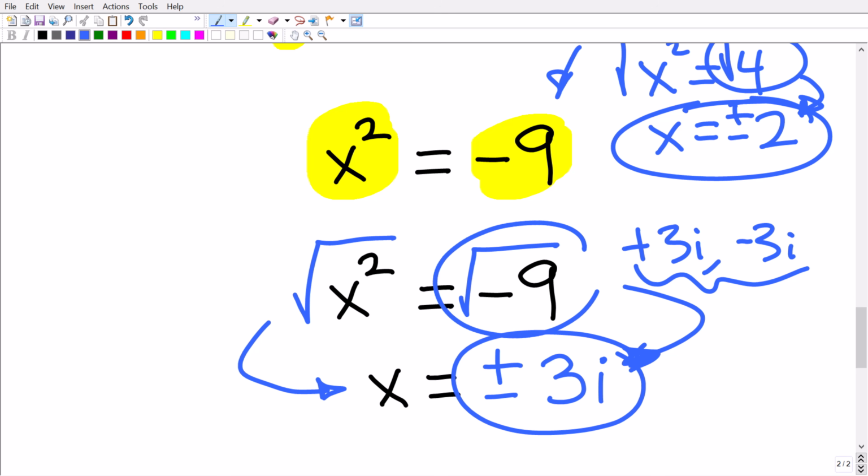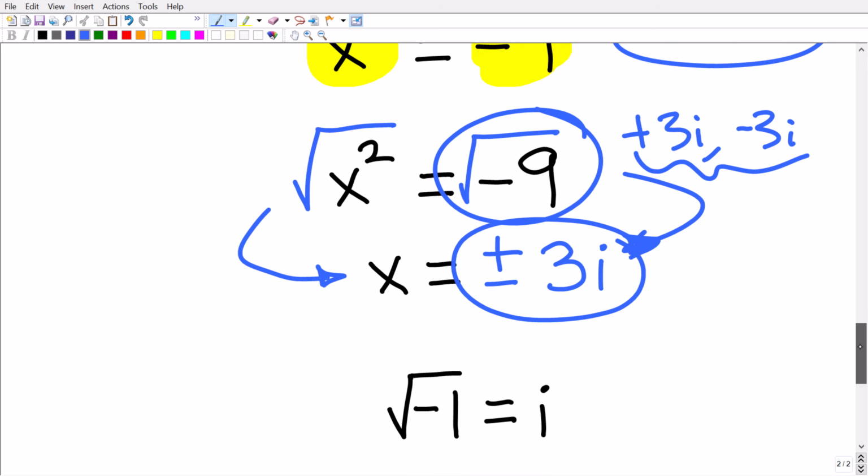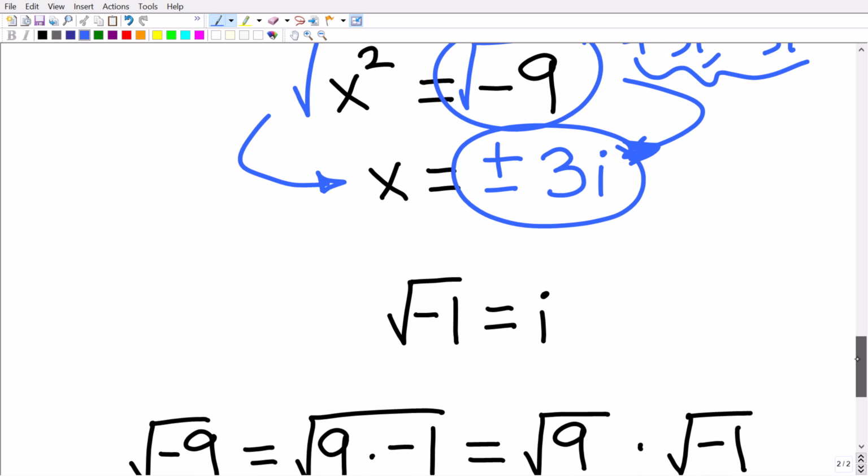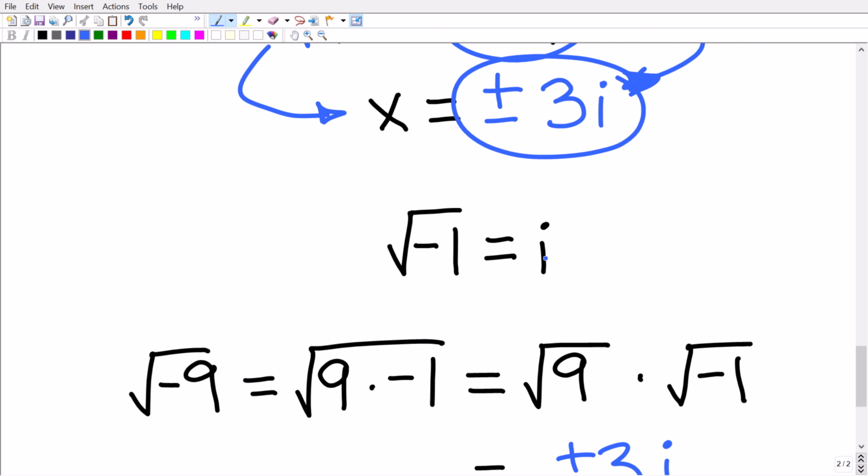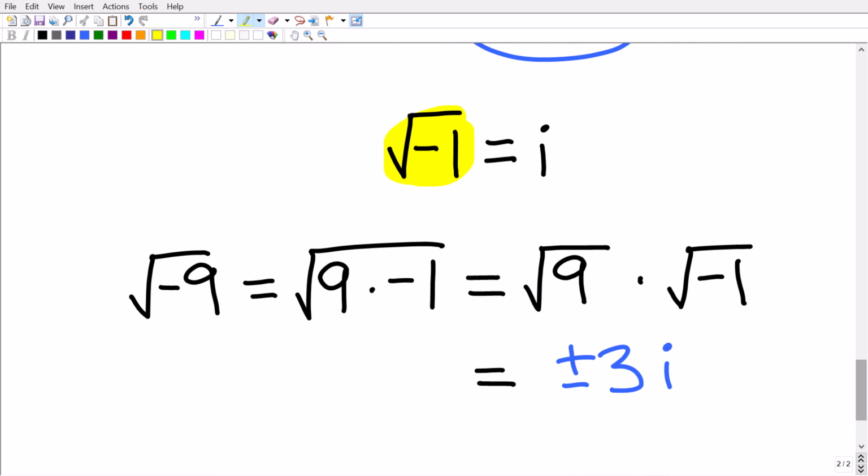But let's take a closer look at this square root of negative 9. Remember, an imaginary number by definition is i equal to the square root of negative 1. So what's going on here is that when we take the square root of negative 9, we have the square root of 9 times negative 1. We're thinking about the factors here: 9 times negative 1 is negative 9.